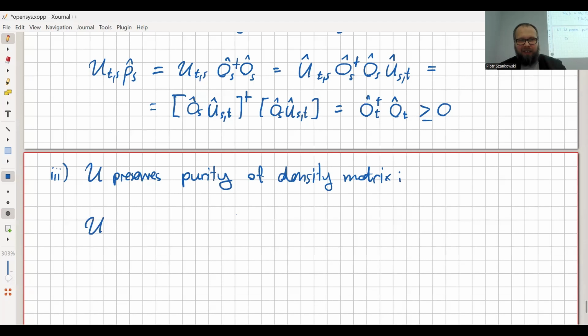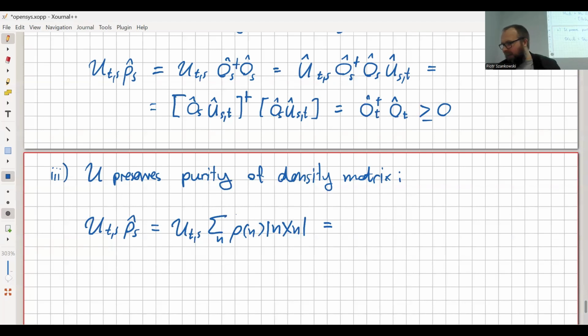What I'm saying is, if I take my U_TS acted on rho as usual, and rho is mixed, right? I can write it in this form of a mixture of projectors, or just use the spectral decomposition to be more standard. So let's write down the spectral decomposition. Like that.